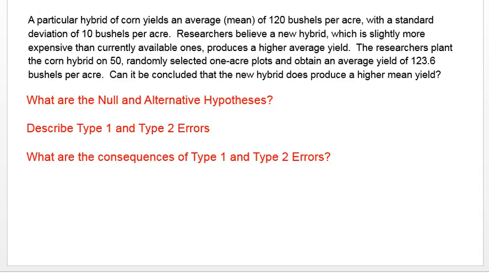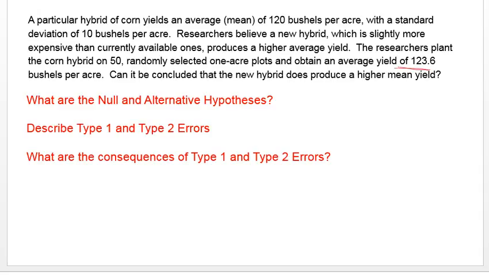So the researchers plant the corn hybrid on 50 randomly selected 1-acre plots, so on 50 acres. And on those 50 acres, they obtain an average yield of 123.6. That would be your sample mean, bushels per acre.